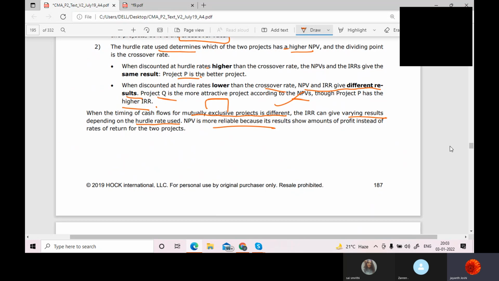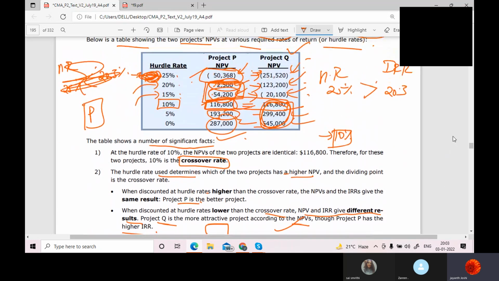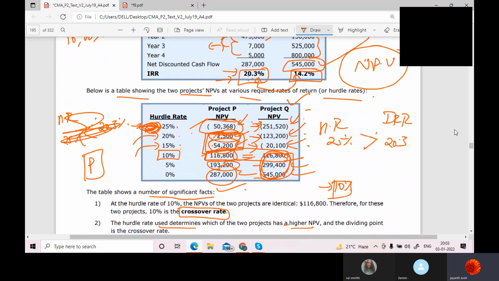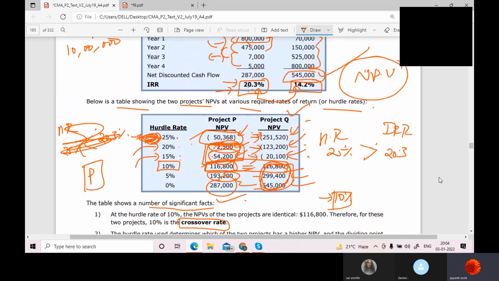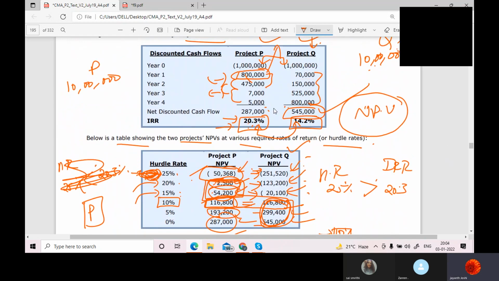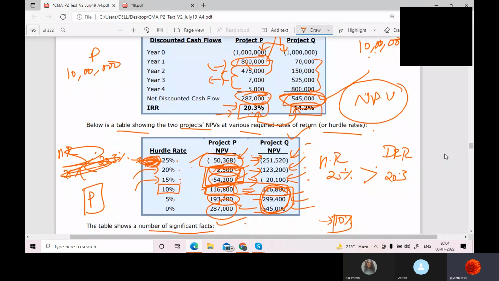In any case, project P is the better project. Why is it better? In these two cases, both are good, because this is giving you positive NPV and this is also giving you positive NPV. But here the IRR is also more.